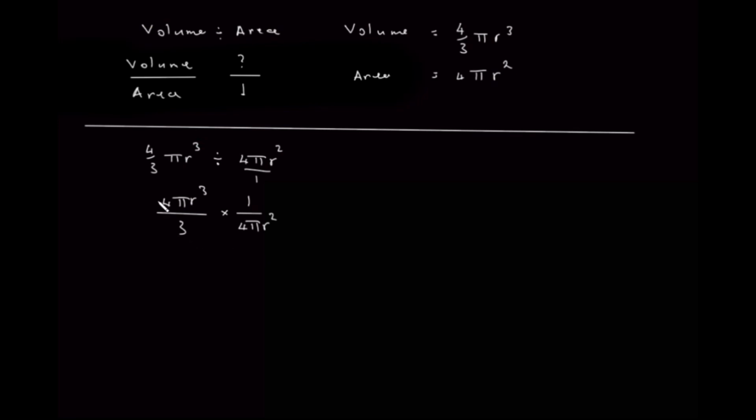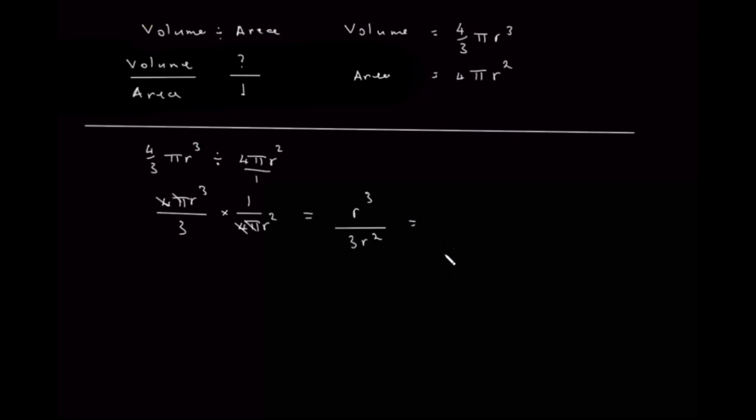Okay, let's cancel out a little bit. The 4s are gone, the pis are gone. So now we are left with, the only thing on this side is r cubed times 1, so it is r cubed. And that is over 3 times r squared, 3r squared.